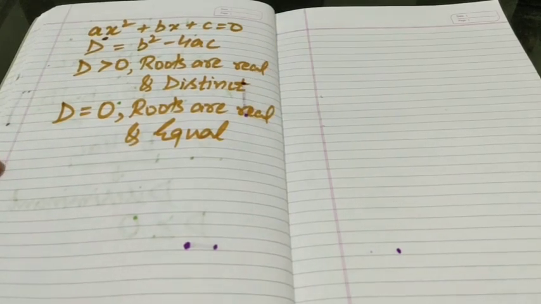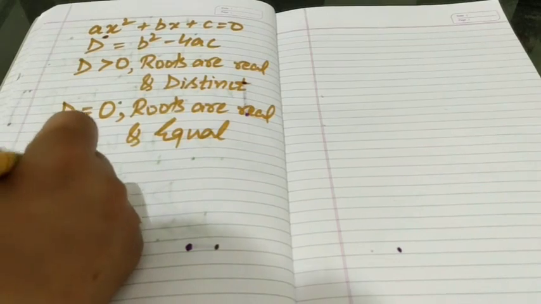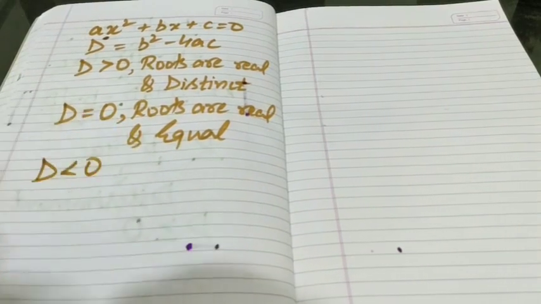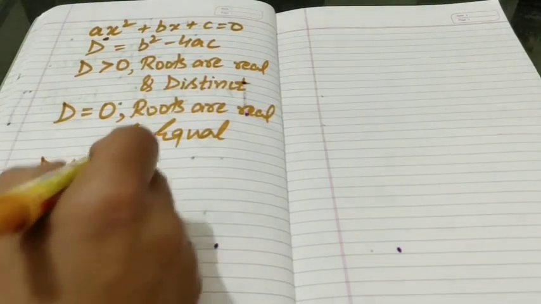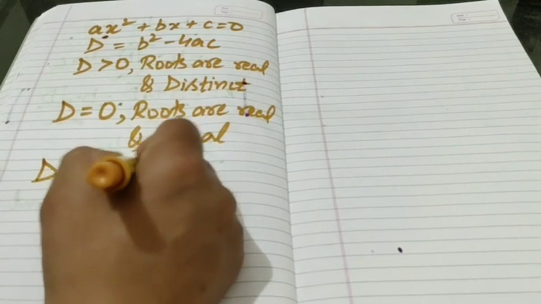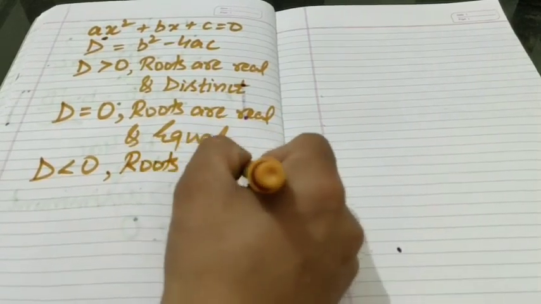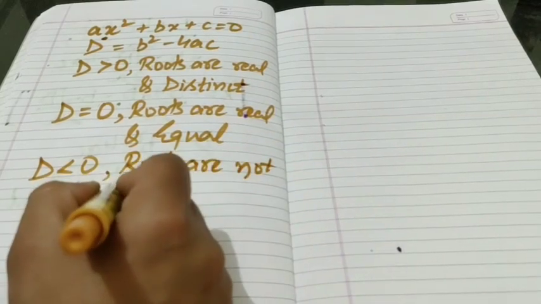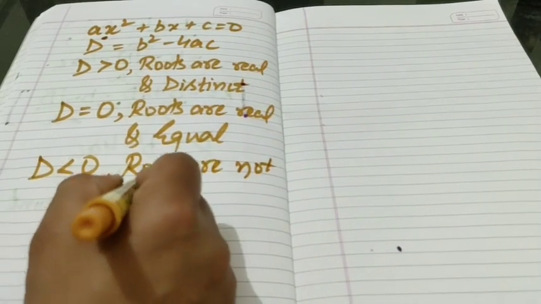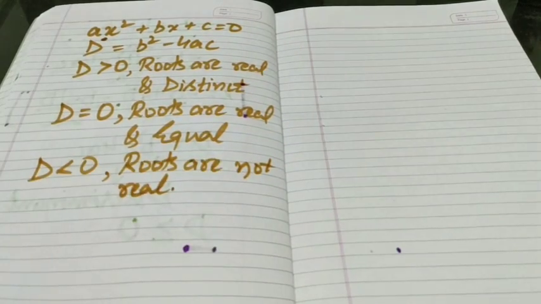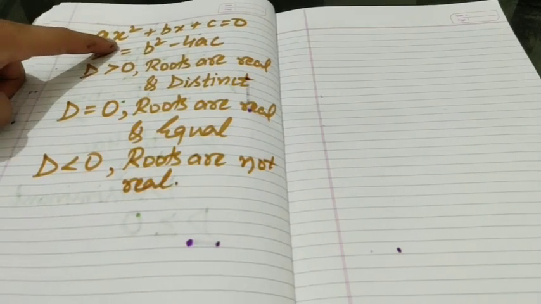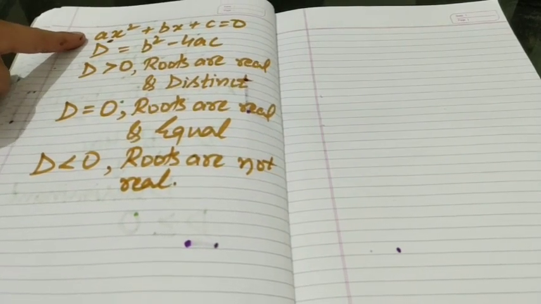And the third possibility is D is less than 0. In case the discriminant is less than 0, it means roots are not real, means real roots don't exist. We can't find a real value of x which satisfies the given quadratic equation.